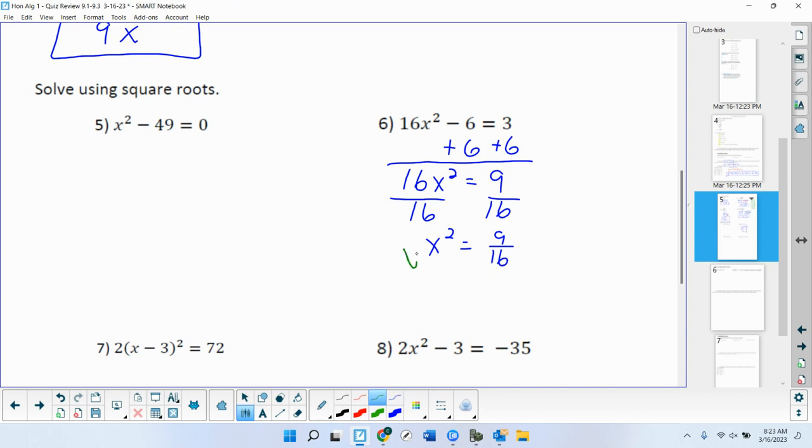Now you're going to take the square root. The square root of 9, and it's 3. And the square root of 16 and 4. And what do you put out front? How'd you guys do? Leave that as a fraction. If you have a perfect square divided by a perfect square, leave it as a fraction.